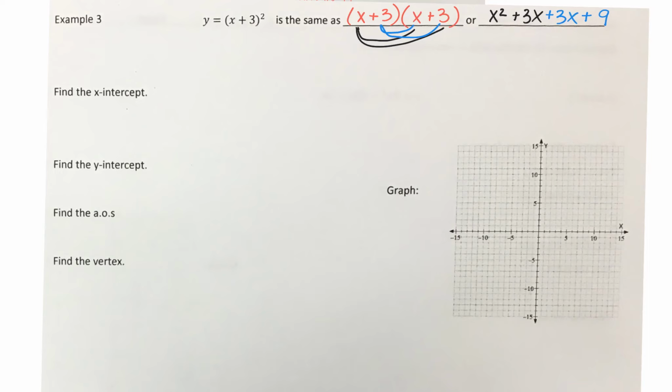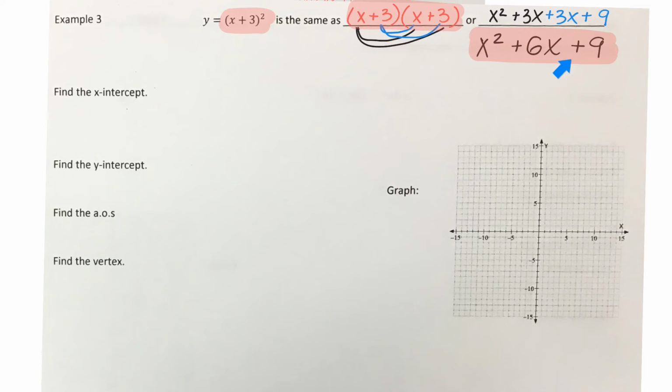So really what I've got, if I want that in standard form, is x squared, 3x plus 3x is 6x, plus 9. So kind of like what we were just looking at, there are 3 different ways to write this thing. It could be written in any of these forms, and they are all equal to each other. They are all the same.